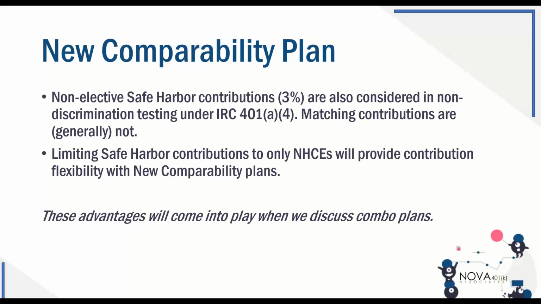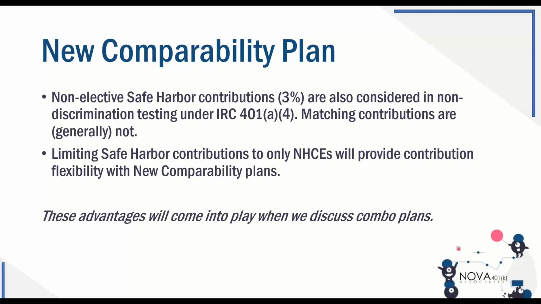So it is a good provision to have in the plan. But there's another form of safe harbor called the 3% safe harbor non-elective. And that basically is the employer gives the 3% regardless of whether the employee makes a contribution. That comes straight from the owner. It's not deducted from the employee's salaries.